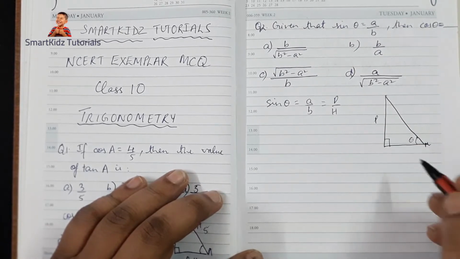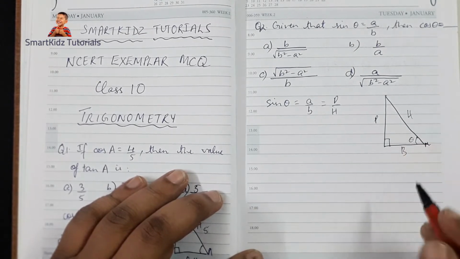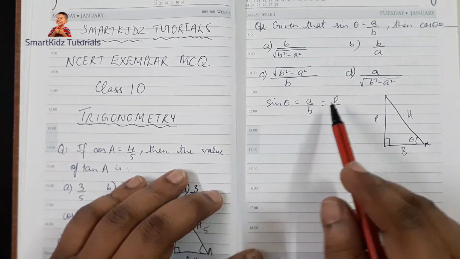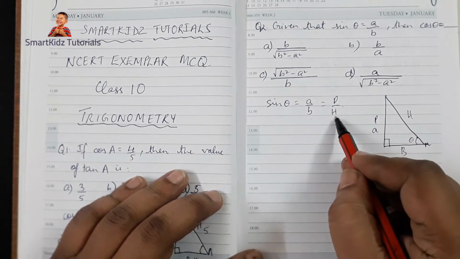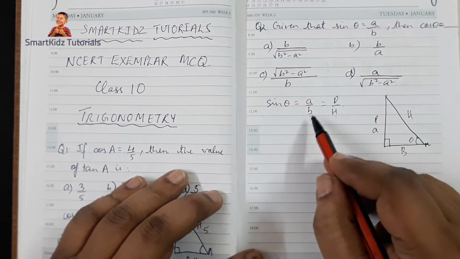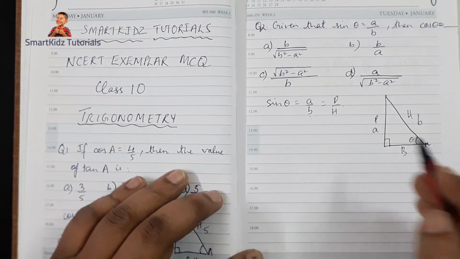Of course this would be our right angle, this would be base, and this would be hypotenuse. Now sin theta, it says, is A upon B. A is perpendicular, so this would be A, and hypotenuse would be B, this one. So we need to find the base.